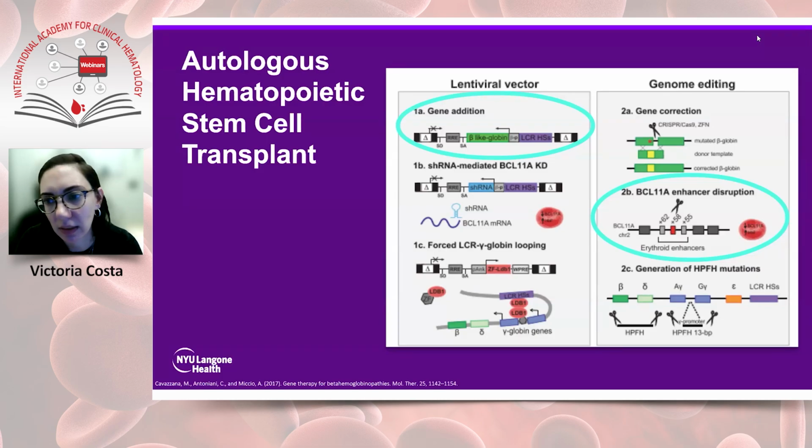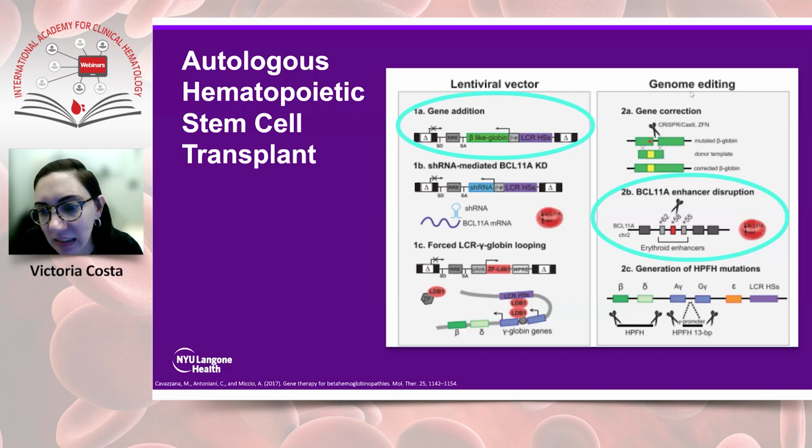So you take your own cells, and then they're genetically modified, and that can occur via many mechanisms. The two main mechanisms I'm going to highlight here are the methodologies that are used in the approved gene therapies that exist today. So one is through the use of lentiviral vectors that will insert genes, and so they can insert an anti-sickling globin.